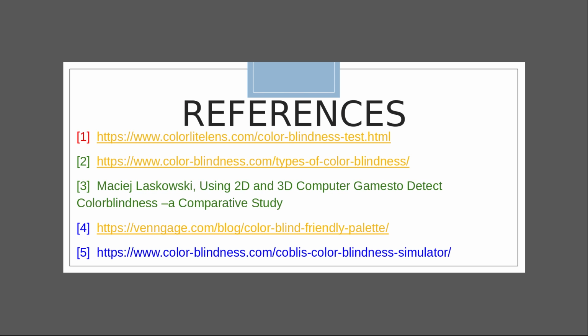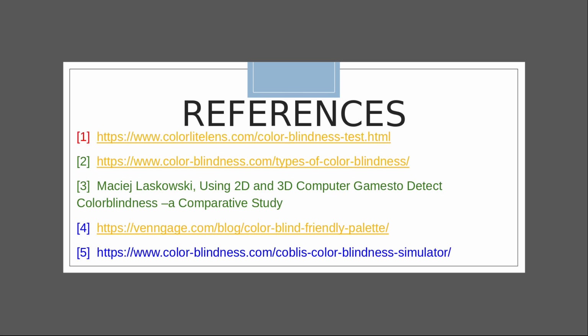Here are the references for the project that we used. The first, the second, and the third are the references for color blindness. Another thing I would like to add is that all the wall colors we use are from authenticated sources, so that the test is proper. For that we use the first and the fourth reference.